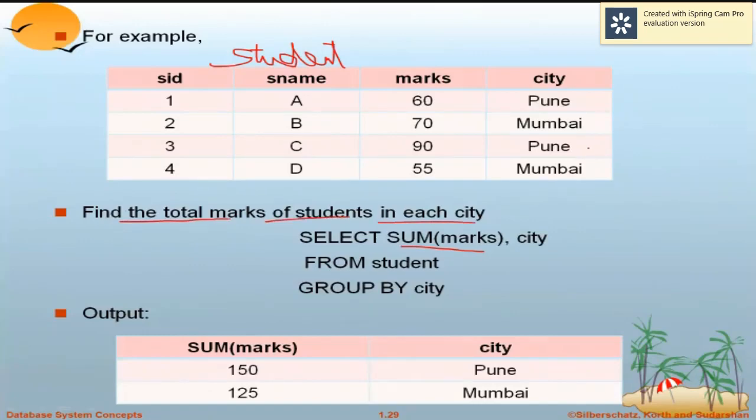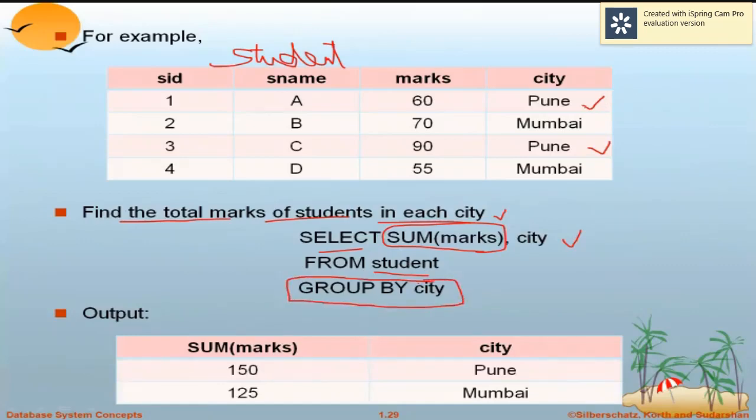So how many cities do I have? I have 2 cities, Pune and Mumbai, and I say select the sum of marks along with the city data. So I want the total marks and also the city data as my output. From which table? The table called student. And what is the grouping clause given in the question? I want the data to be grouped by city.